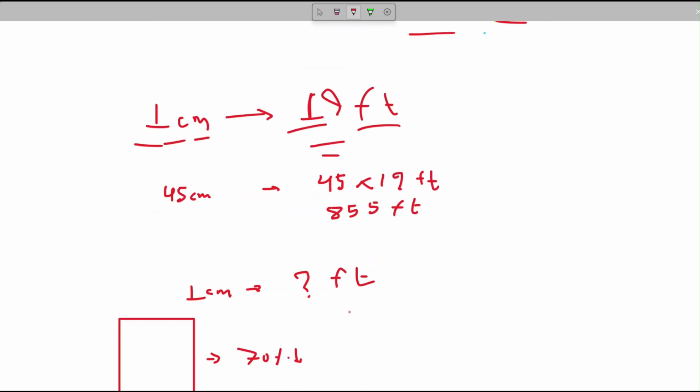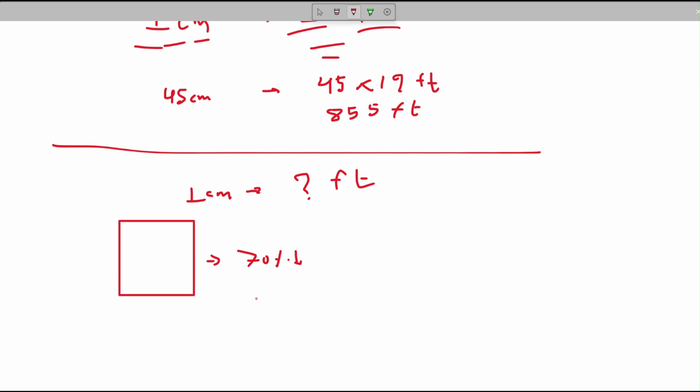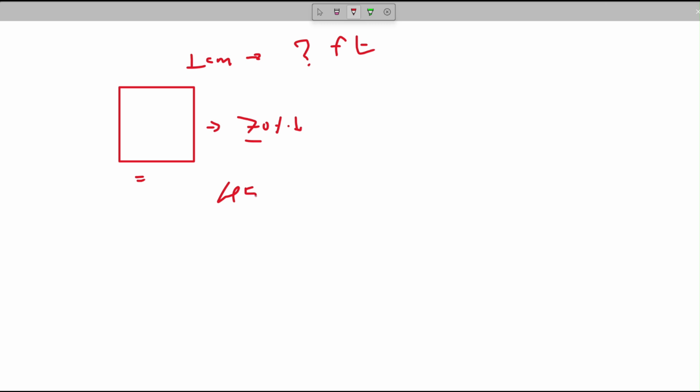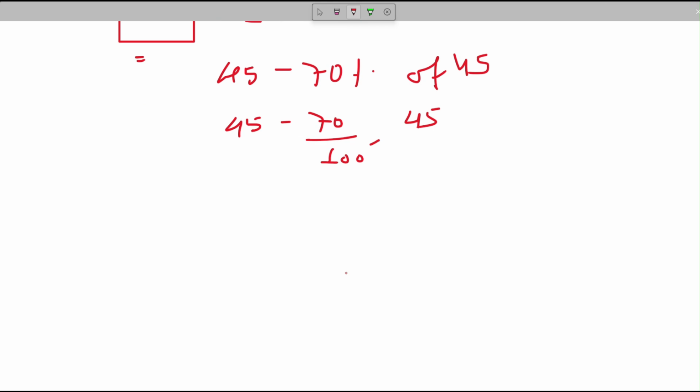feet. Now the side length of the smaller map is said to be 70% lesser than the larger map. That is 45 minus 70% of 45, which is equal to 45 minus 70 by 100 times 45.